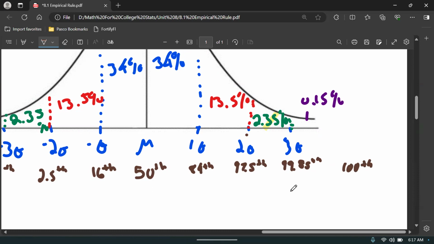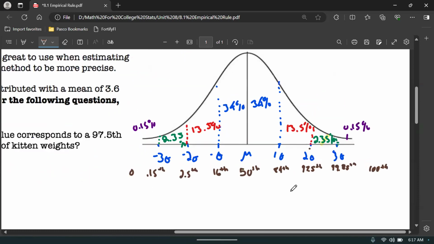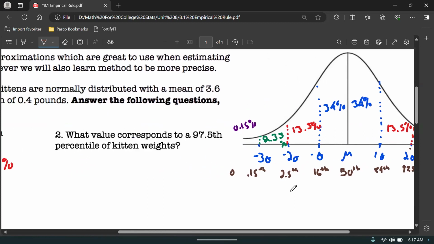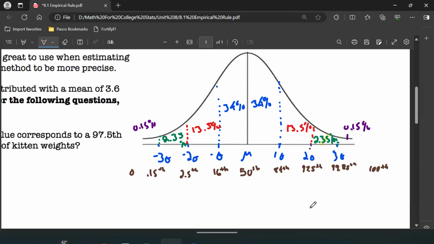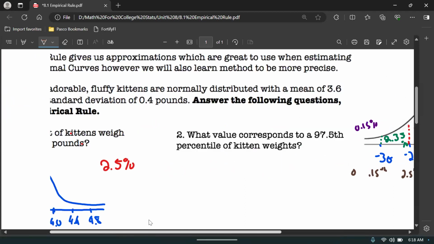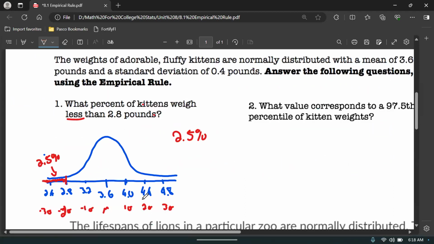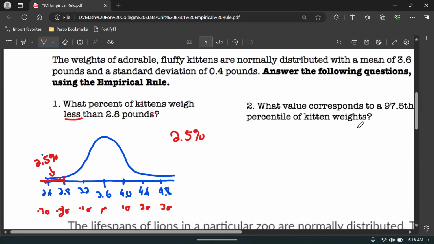But that's our percentile scale. Maybe that'll help us. So it's asking about the 97.5th percentile, which, as you can see, corresponds with the 2nd standard deviation. And this is always true, these numbers are never going to change, right? But as you can see, the 2nd standard deviation in the kitten case is at 4.4. So that means 4.4 is that 97.5th percentile.